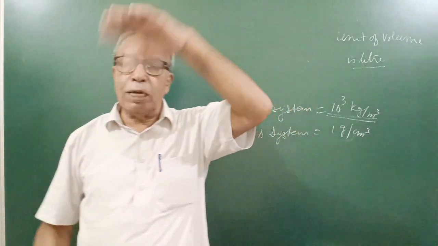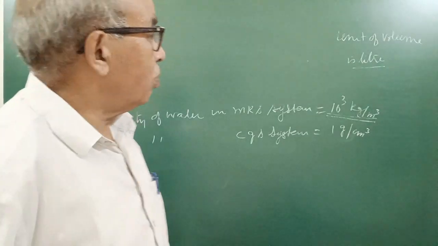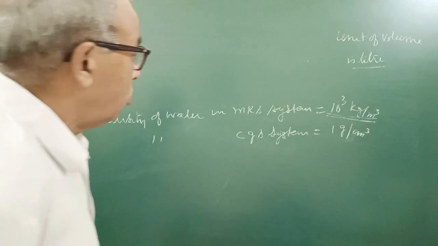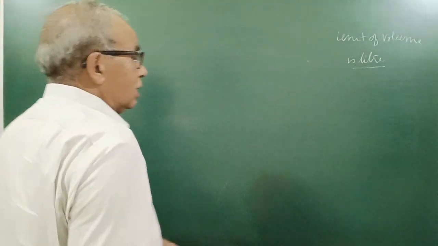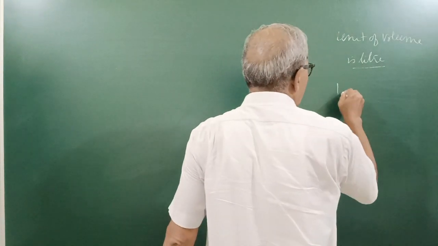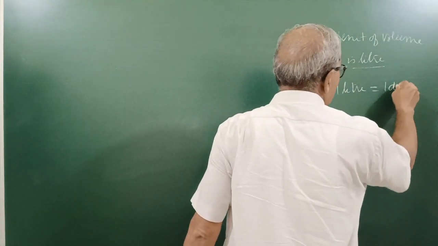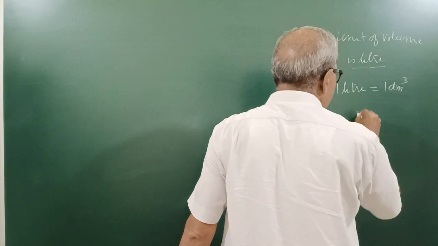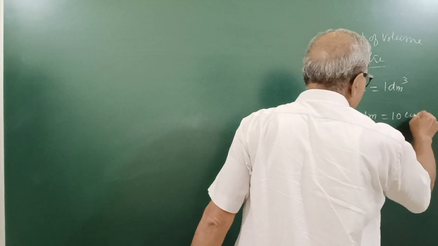Students are unable to tell what is liter. It is a unit of volume. To prepare a cubic container of 1 liter, what dimension is there? In fact, 1 liter means 1 decimeter cube. And 1 decimeter, in fact, is equal to 10 centimeter.